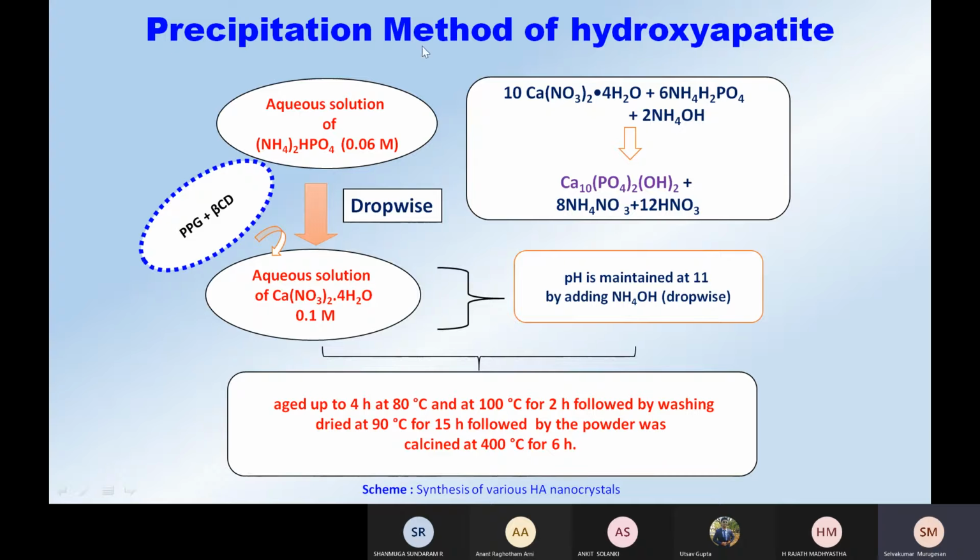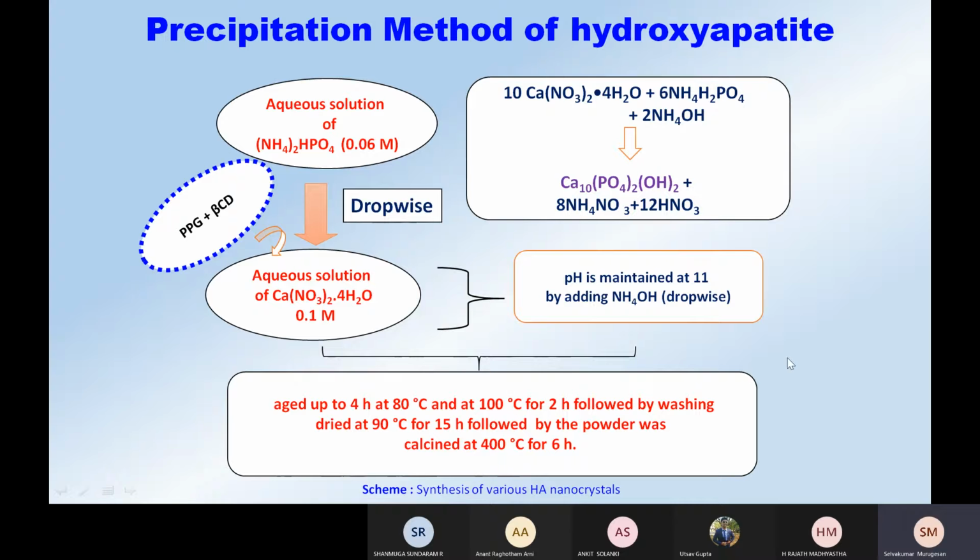So what they did: first they dissolved the precursors in aqueous solutions individually, the phosphate precursors as well as the calcium precursors. Then they added the phosphate precursor into the calcium precursor dropwise, and that was maintained at a pH of 11 by the addition of ammonia, and aged up to 4 hours at 80 degrees Celsius. Again, you see here, at 100 degrees Celsius for 2 hours.